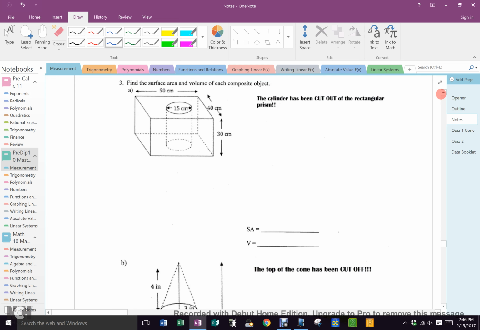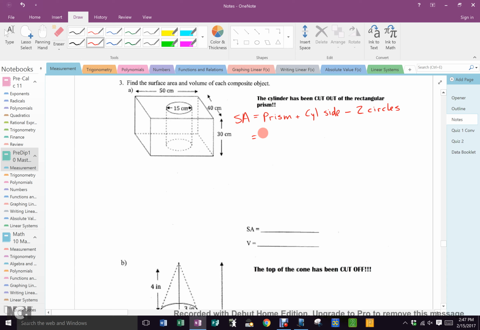Now, these questions I'm going to do in two different colors. I'm going to do the surface area in red. Now, that surface area is a prism plus the cylinder side minus 2 circles.